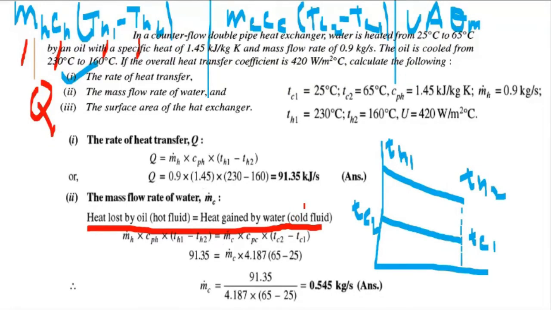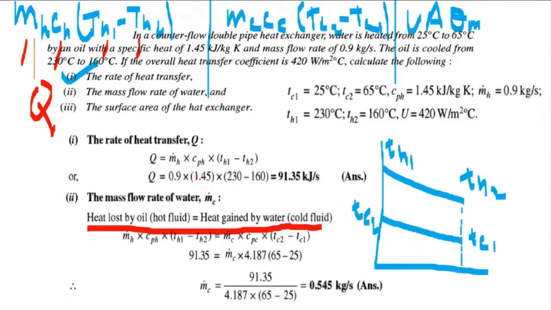Because their heat capacities are not the same. We are not equating the temperatures, right? TH1 minus TH2 is not equal to TC2 minus TC1. We are multiplying the differences with capital CH and capital CC. So if this term is lower, maybe the capital CC term will be higher.